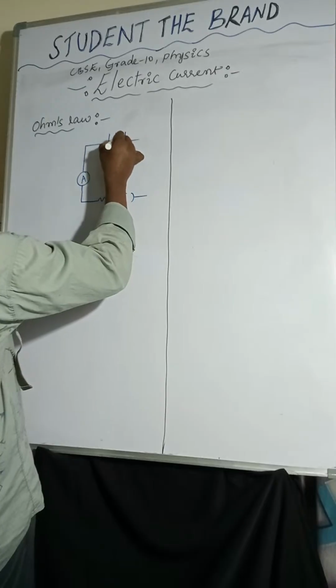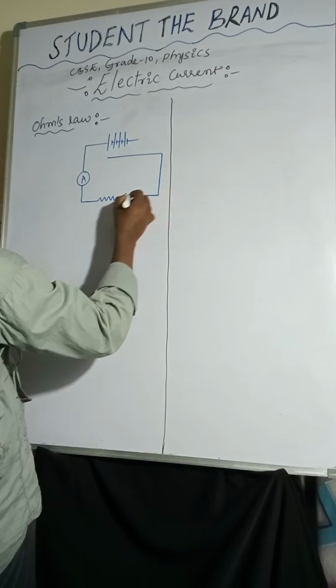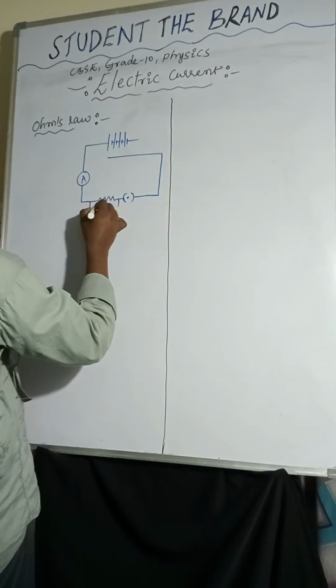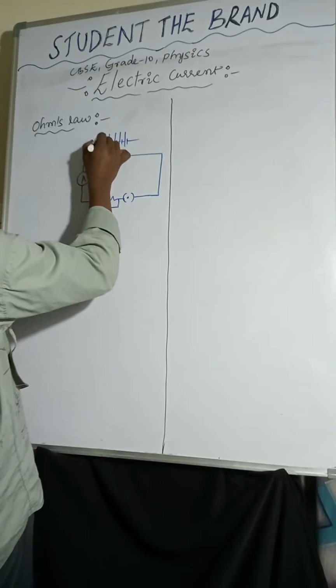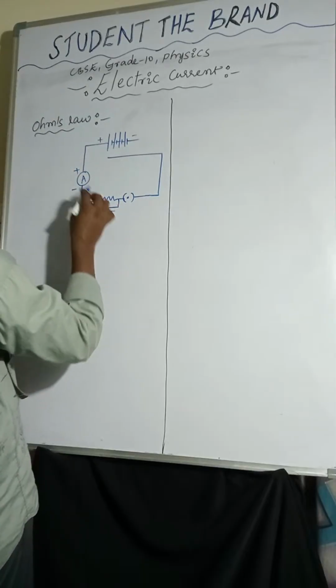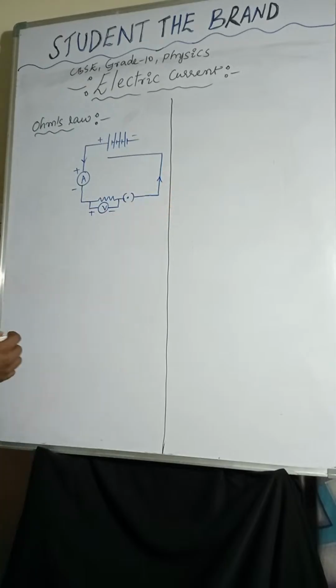Here the potential difference is connected across the resistor. This is the potential difference, and current is flowing.